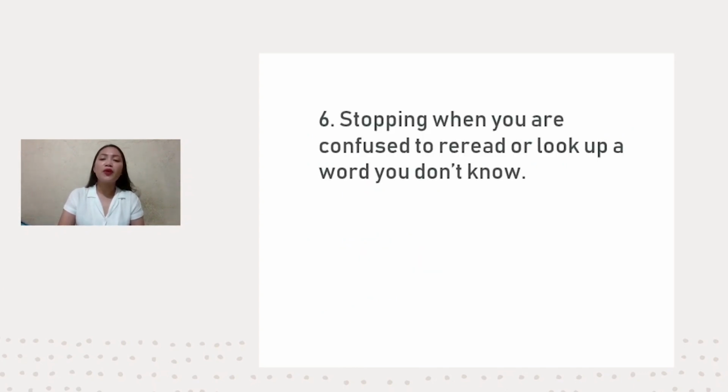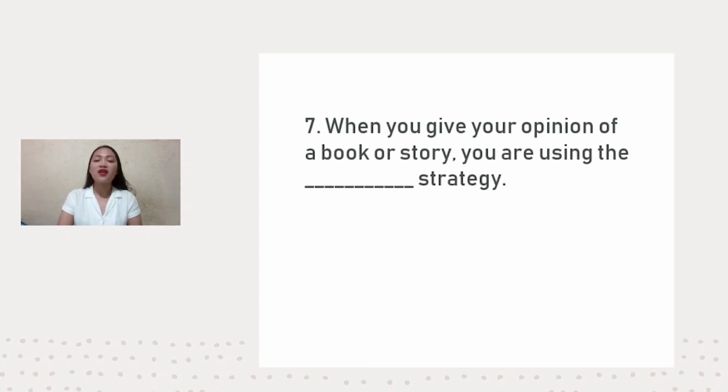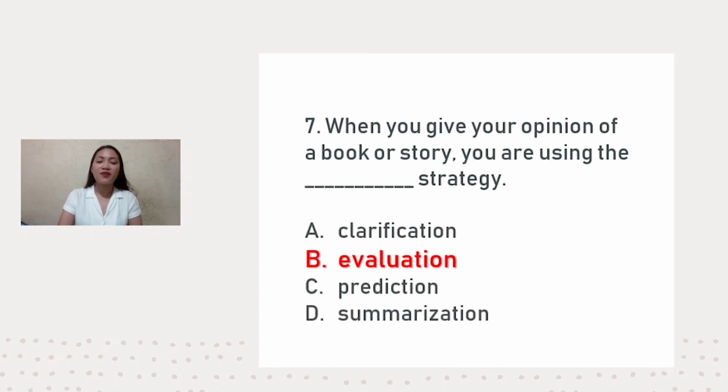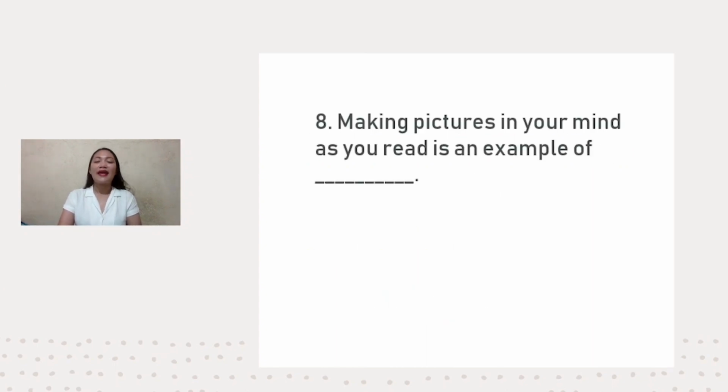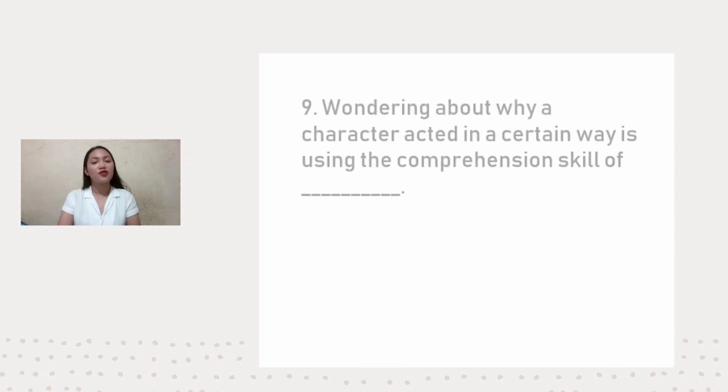6, stopping when you are confused to reread or look up a word you don't know. It's letter A, clarify. 7, when you give your opinion of a book or story, you are using the blank strategy. So it's evaluation, letter B. 8, making pictures in your mind as you read is an example of, it's letter D, visualization.